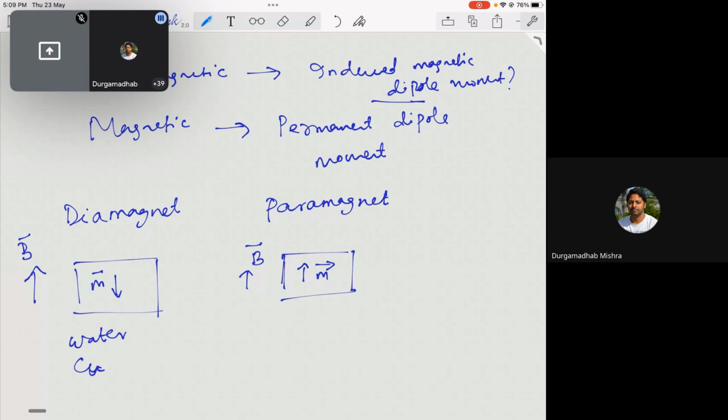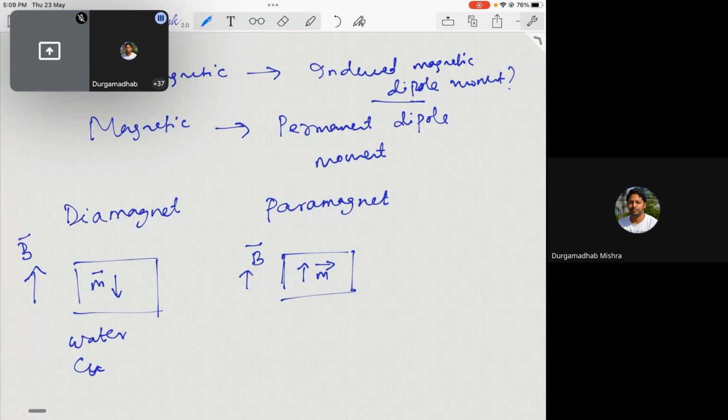There is definitely a much better understanding, as quantum mechanics gives a better explanation of why materials are diamagnet or paramagnet or ferromagnet. But we can also use classical or semi-classical arguments to find out why materials behave in a certain way.